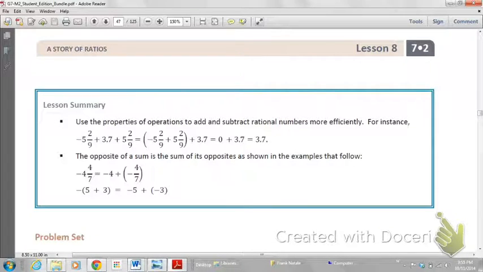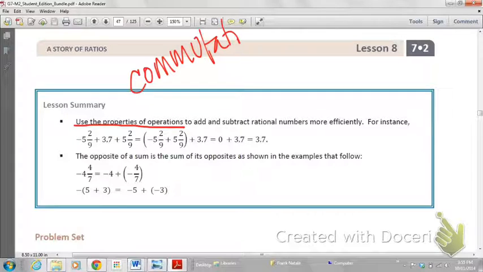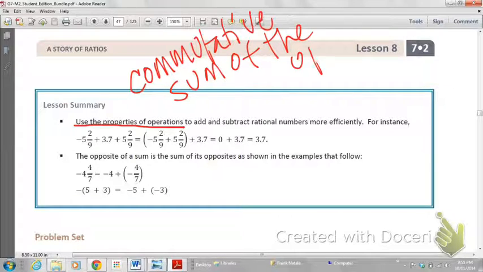Remember, the ones we talked about were commutative, probably a new one to most of us, the sum of the opposites, and we had associative in there, and others as well.